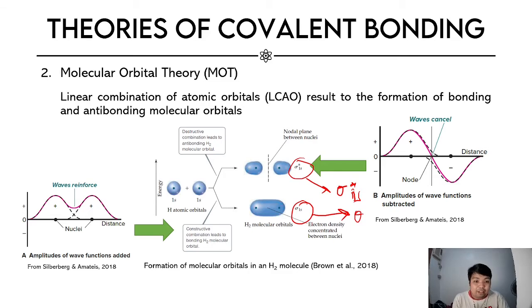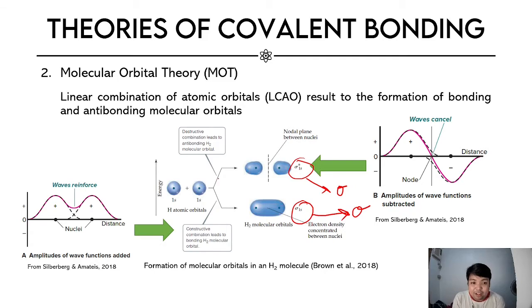Here it's also a head-on overlap, but the overlap means that the atomic orbitals will combine together. So the head-on overlap is also termed a sigma overlap.